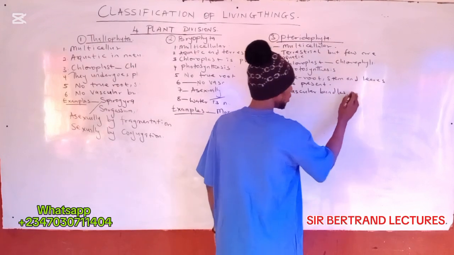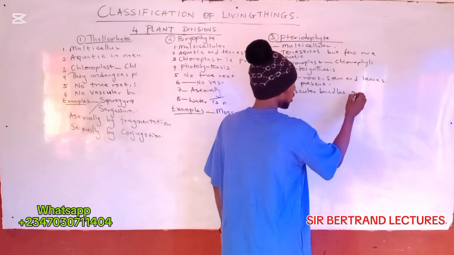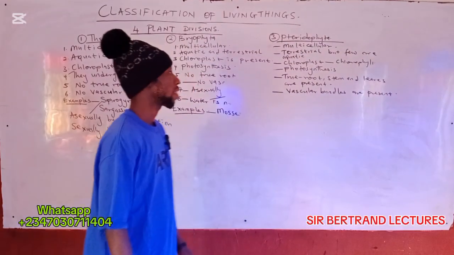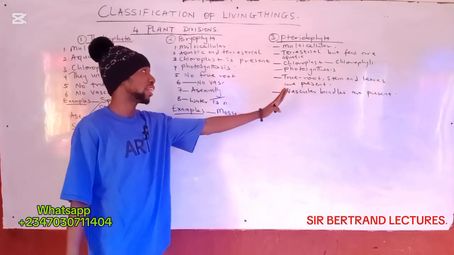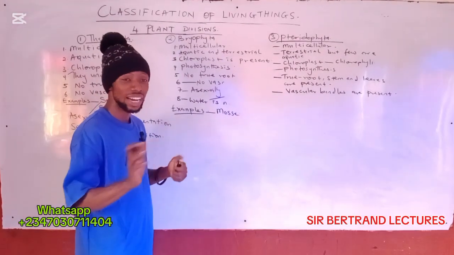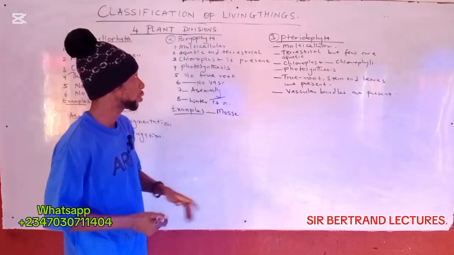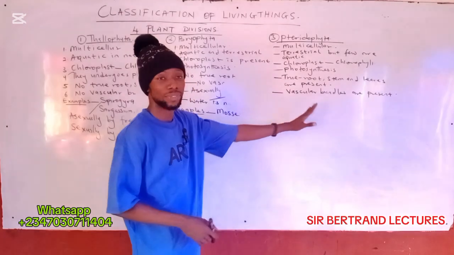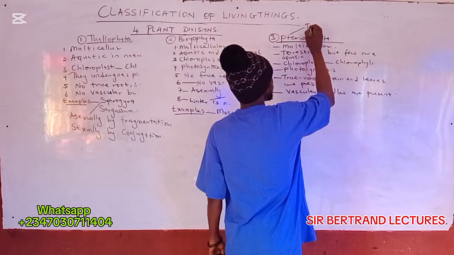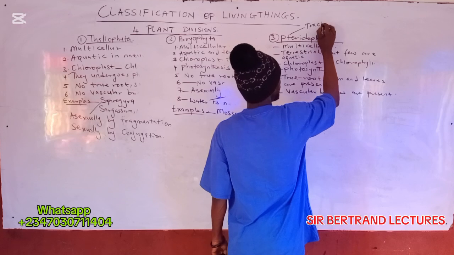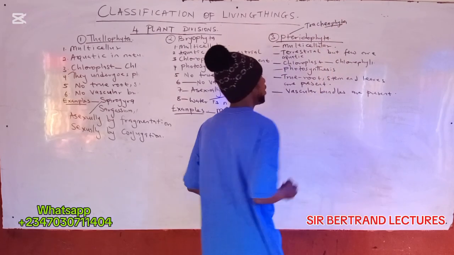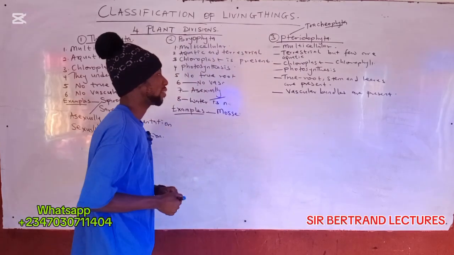Another difference between Pteridophyta and Bryophyta: these Bryophyta here don't have vascular bundles, while Pteridophyta here possess vascular bundles. On that note, Pteridophyta is known as what? Tracheophyte. Okay, it is known as tracheophyte.